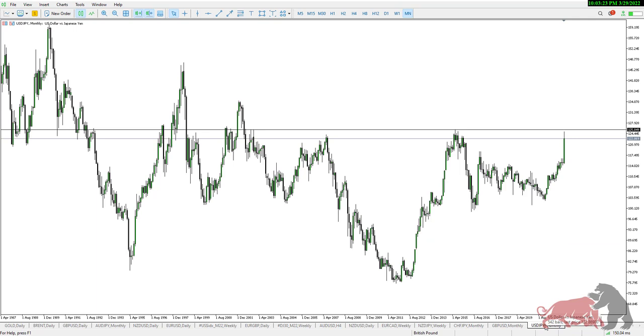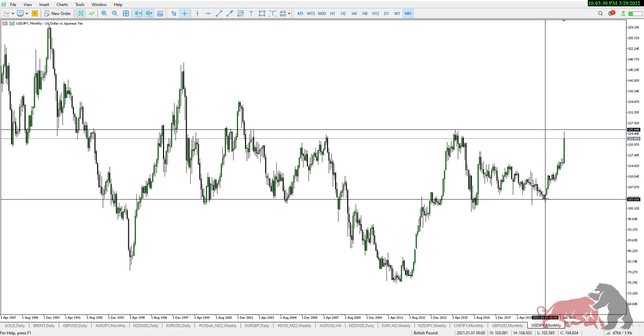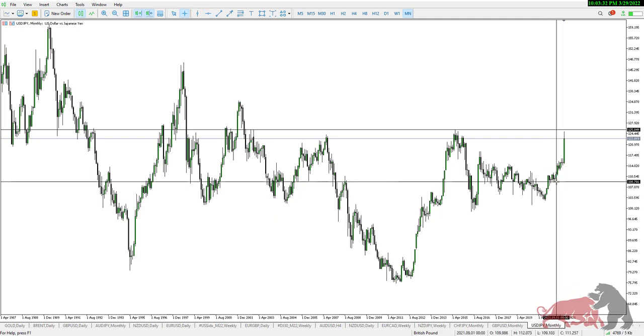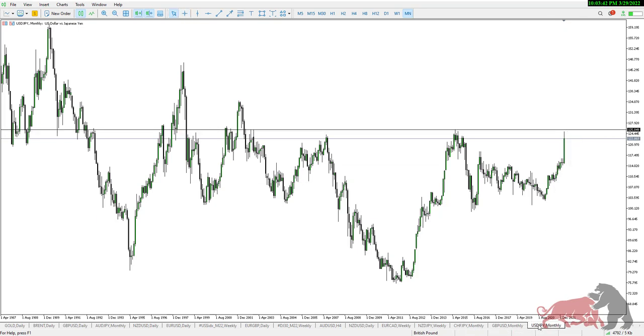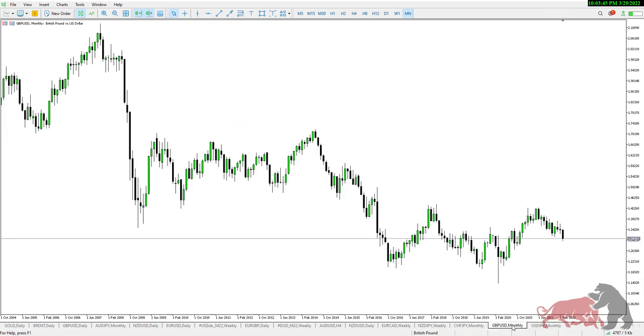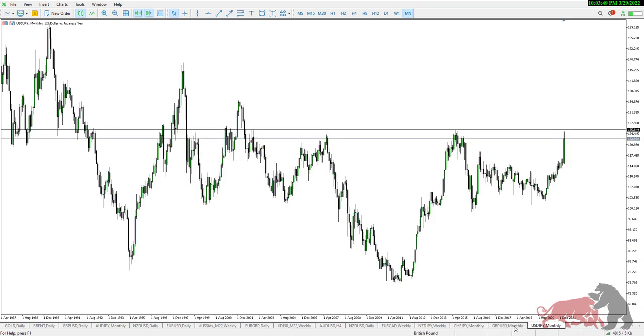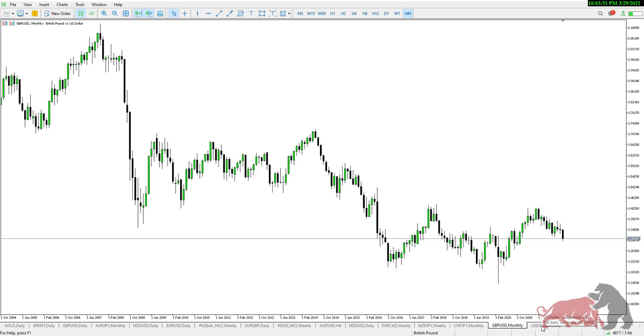And if we switch instantly to USDJPY from the same period of June 2021, we saw USDJPY rallying to the upside. So that's weakness in yen and weakness in pound. That's strength for dollar on both pairs.